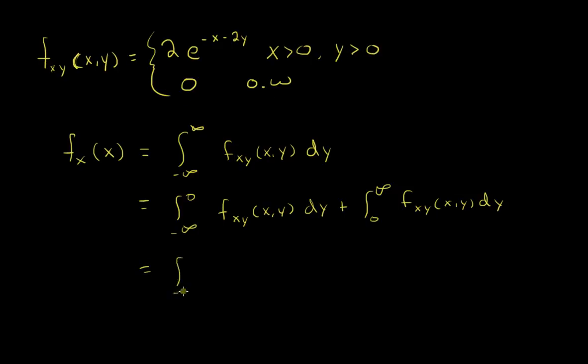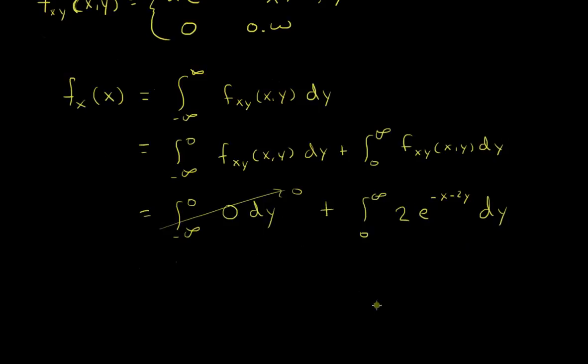If you integrate 0, you get 0, so this basically goes away. This is the more interesting side. When y is between 0 and infinity, f is 2e to the negative x minus 2y. So this is what I want to integrate.